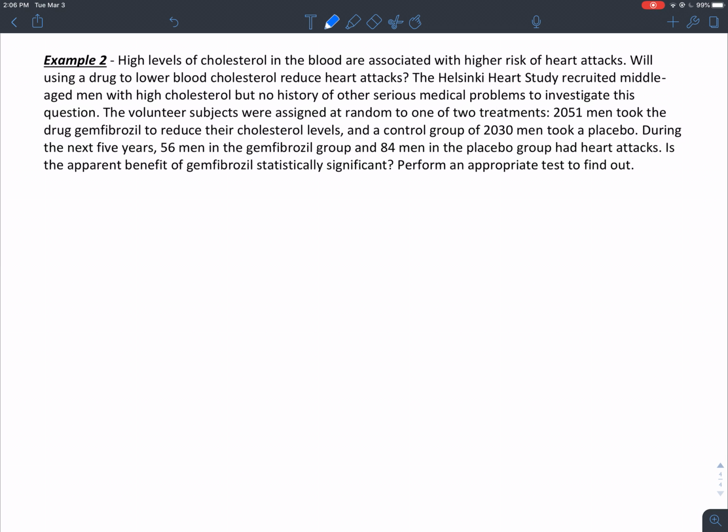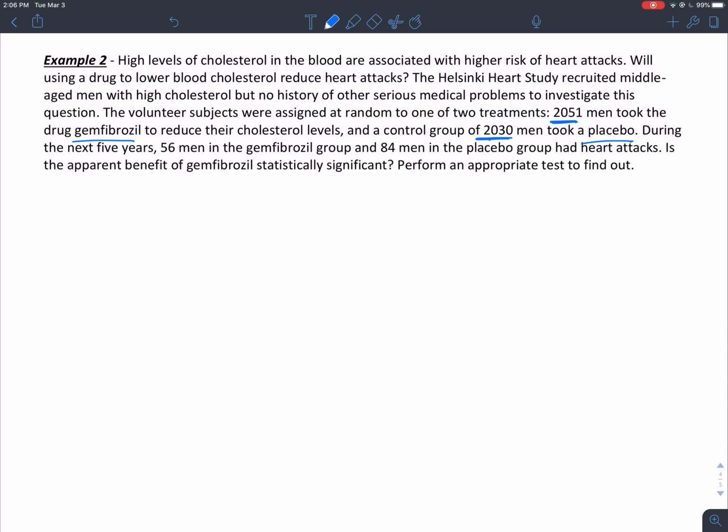The Helsinki Heart Study recruited middle-aged men with high cholesterol but no history of other serious medical problems to investigate this question. The volunteer subjects were assigned at random to one of two treatments. Many men took the drug gemfibrozil to reduce their cholesterol levels, and a control group of 2,030 men took placebo.